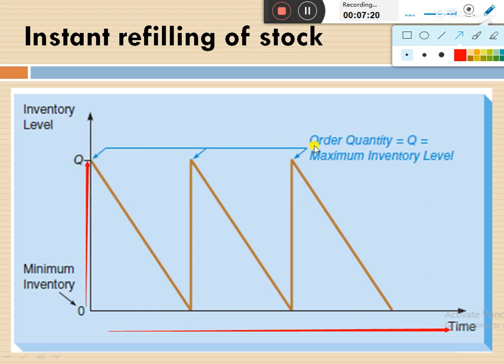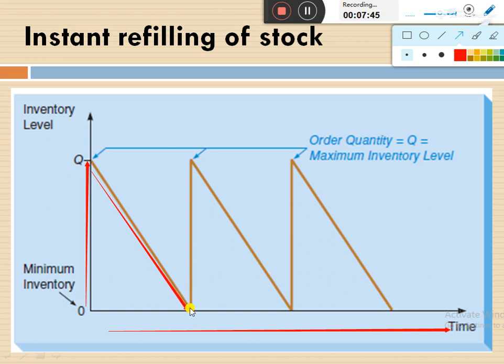The Q point denotes the maximum inventory level and this point denotes the minimum inventory level. With time, the inventory starts approaching 0 and ends up here when the stock is exactly equal to 0.